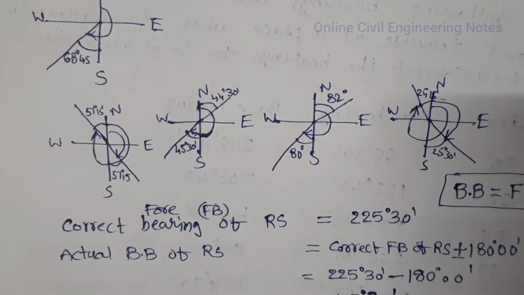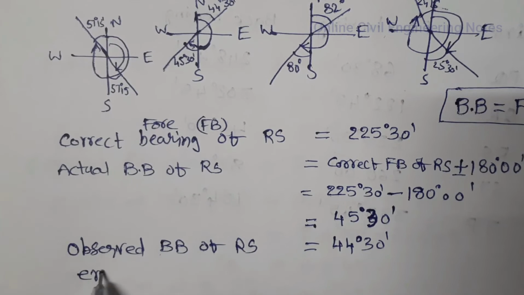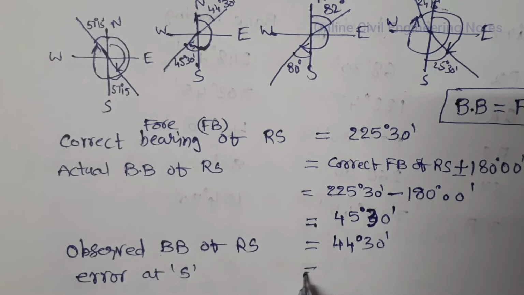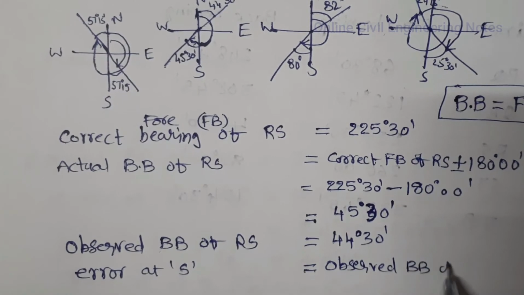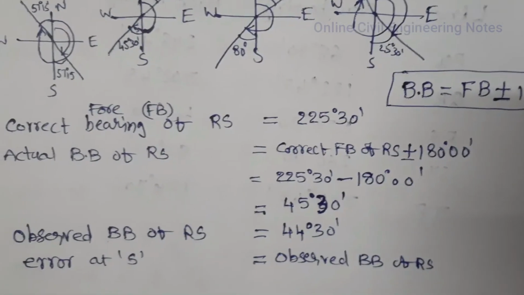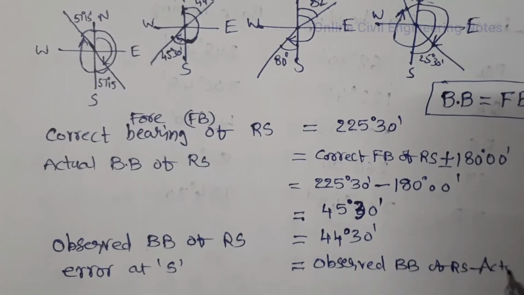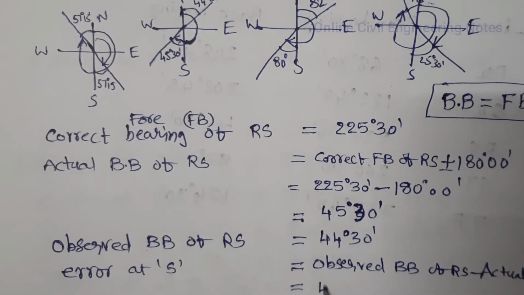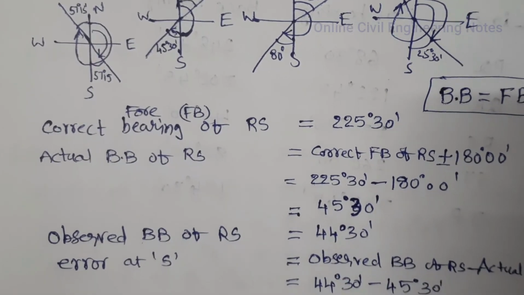Therefore, error occurred at S station. Error at S is equal to observed back bearing of RS minus actual back bearing of RS, 44 degrees 30 minutes minus 45 degrees 30 minutes.